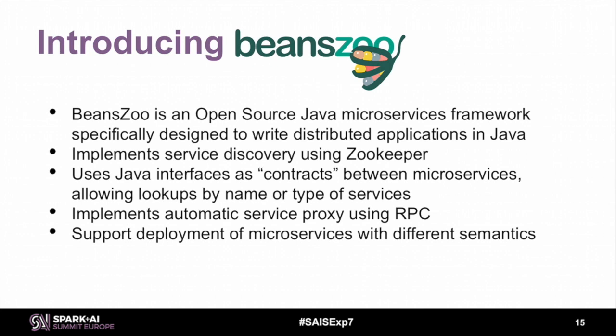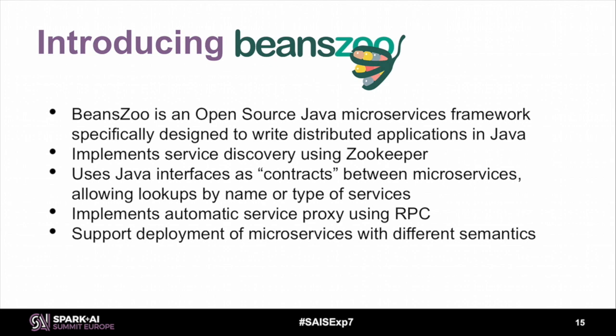So your interface is published to Zookeeper, and you can look up the service by simply looking up the interface name. And if the service is available locally, you can use it locally. If the service is not available locally, it will take care of doing an RPC to the remote service. As I was saying, it takes care of all the communication using RPC.